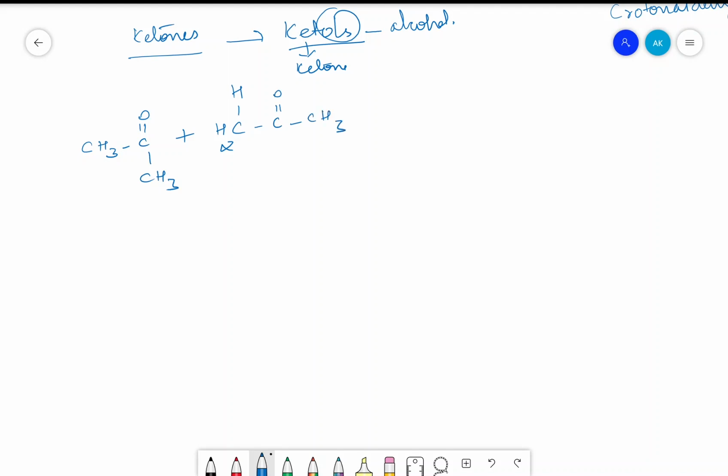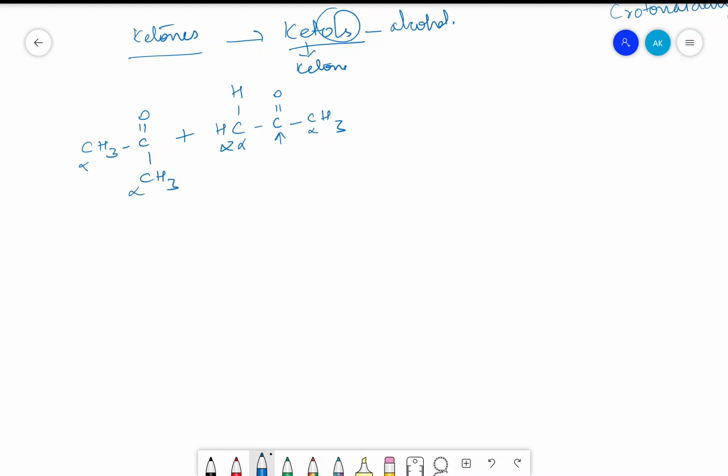There is one thing very unique about ketone: this is your functional group carbon. The next group attached to it is also alpha, and the one attached on this side is also alpha. So you have two alpha carbons. This is the uniqueness of ketone.